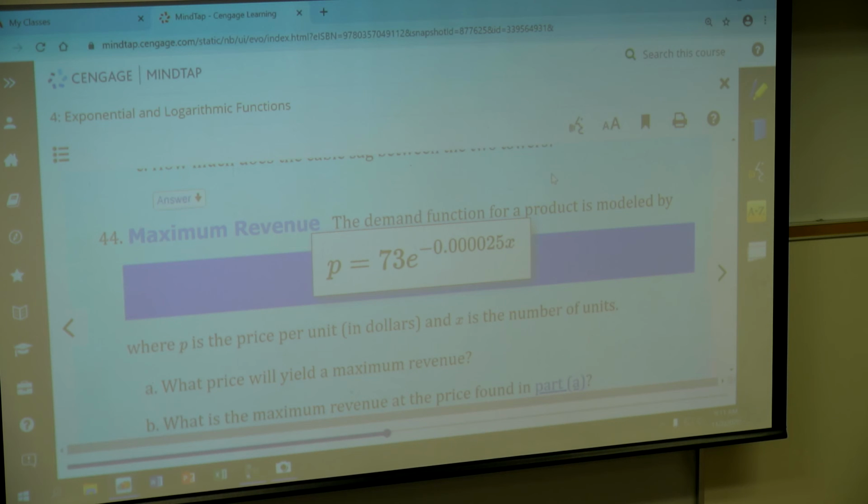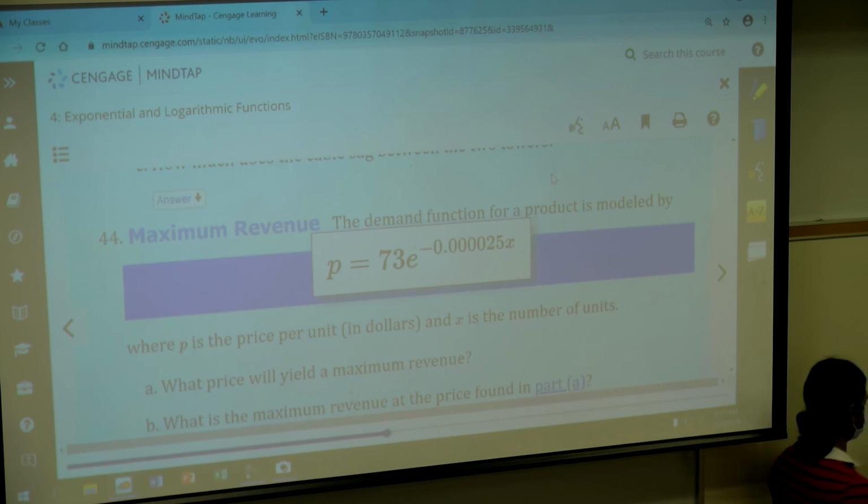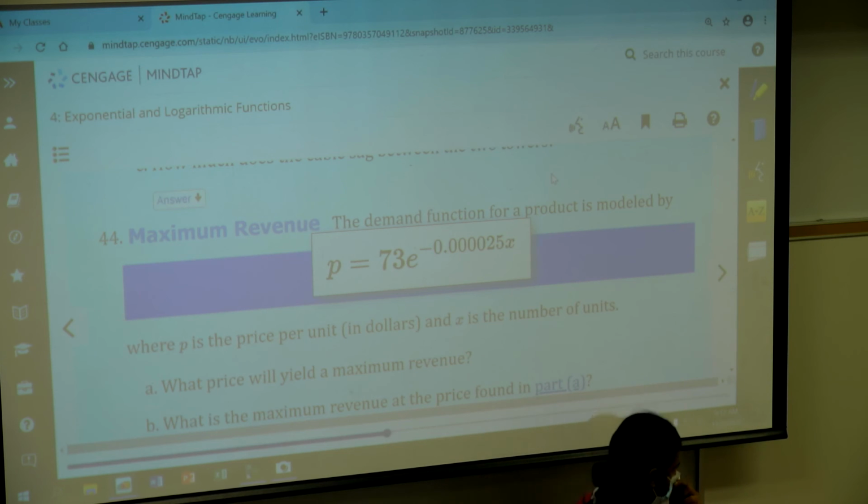What is u prime? It's just 1. U, v prime, is passed down. V, u prime: v is the original price function, multiplied by u prime, which is 1.